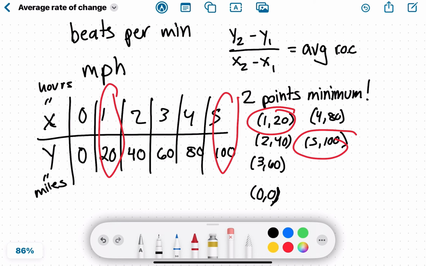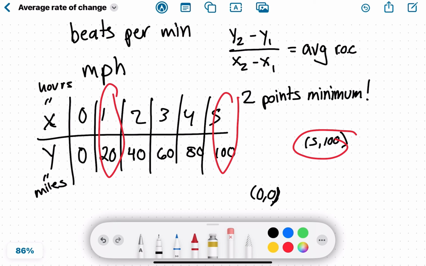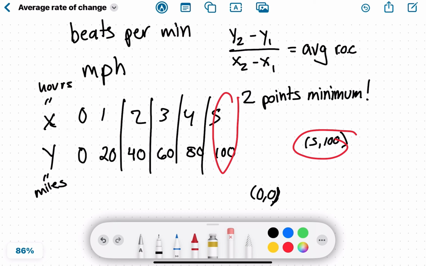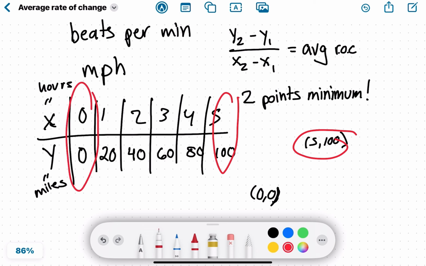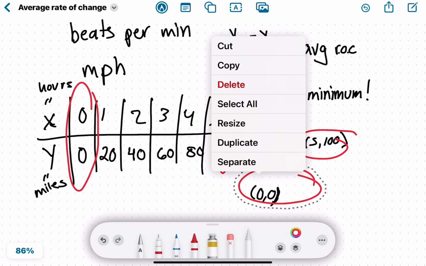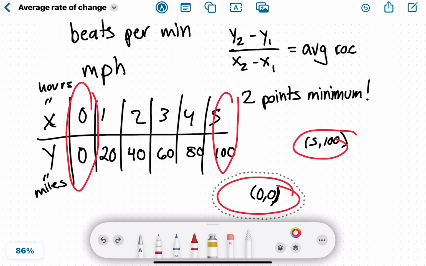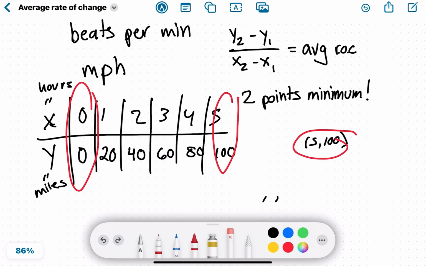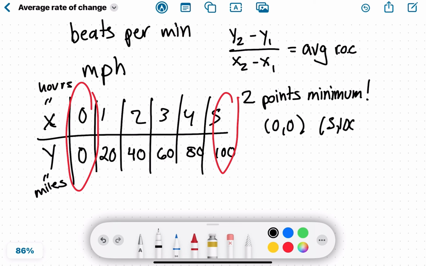So these are the points we are working with. Okay, so we have 2 points. I'll just rewrite them: 0, 0, and 5, 100.